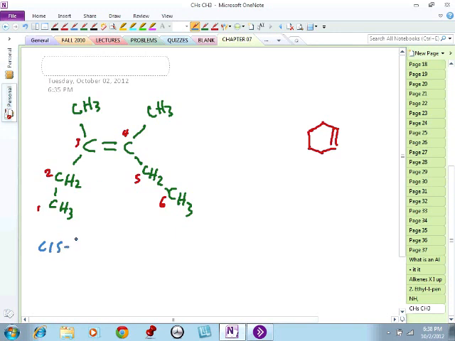Okay. 3,4 dimethyl. Okay, cis 3,4 dimethyl. 3 what? 3, exactly. 3 hexene, right?